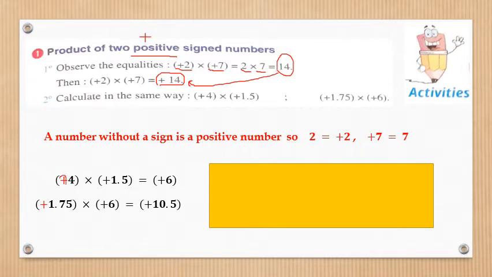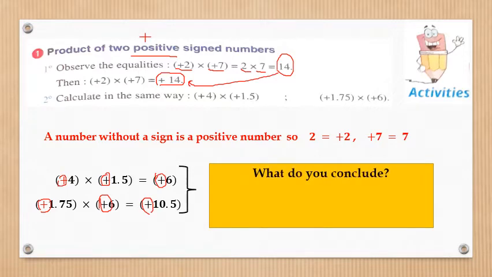Here we have a positive sign, and also here we have a positive sign, so our result is positive. Plus 1.75 times plus 6 is the same as 1.75 times 6, which is 10.5. A positive number times a positive number equals a positive number.